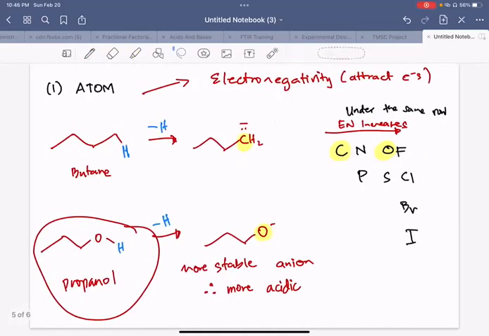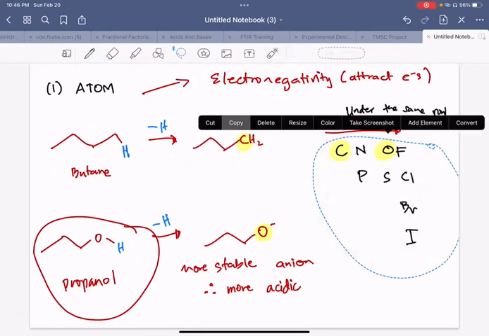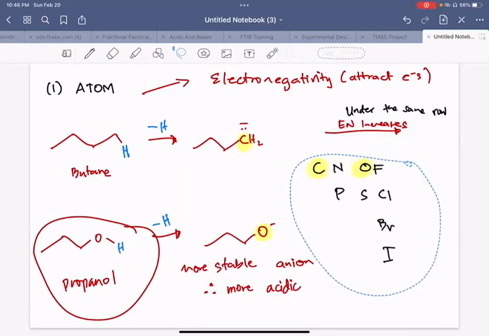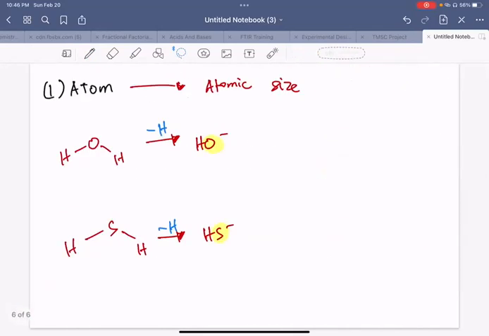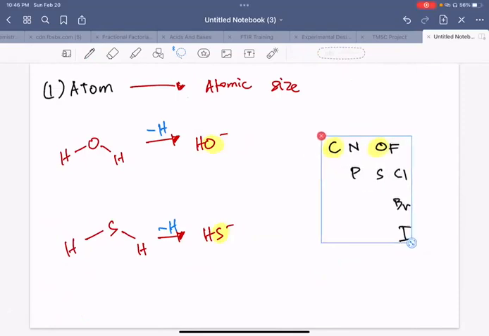So if we copy this snapshot of the periodic table, it's not anymore carbon versus oxygen, but oxygen versus sulfur.